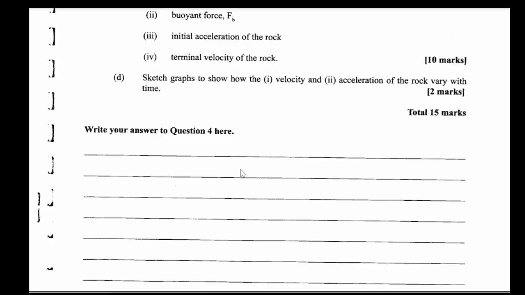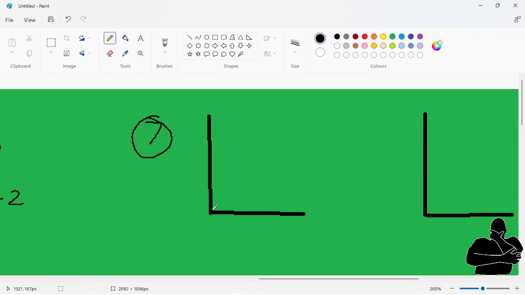Part D asks us to sketch graphs to show how the velocity and acceleration of the rock vary with time. So let's go ahead and do that. So when you're considering the velocity, it starts out at 0. So the velocity will increase, but not uniformly. And it will increase and increase until it reaches the highest velocity that it can get to.